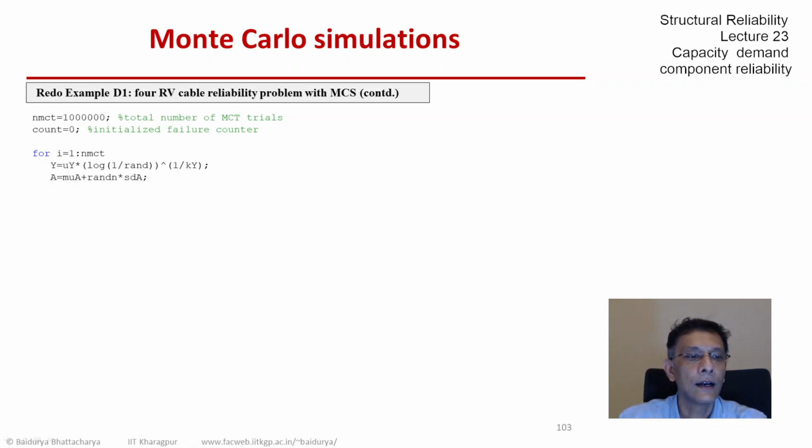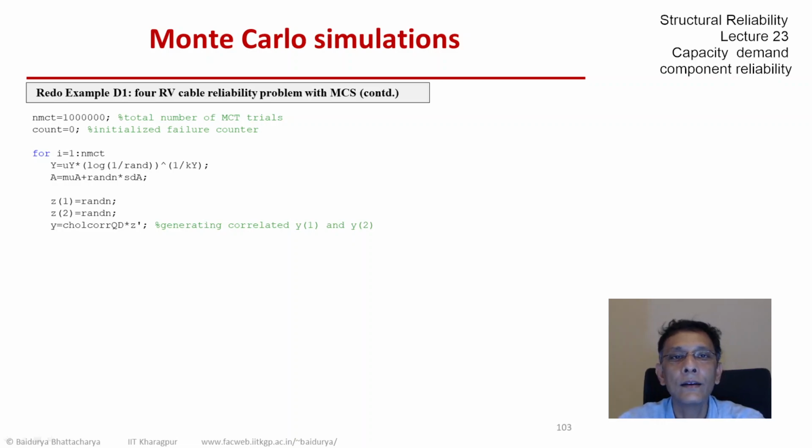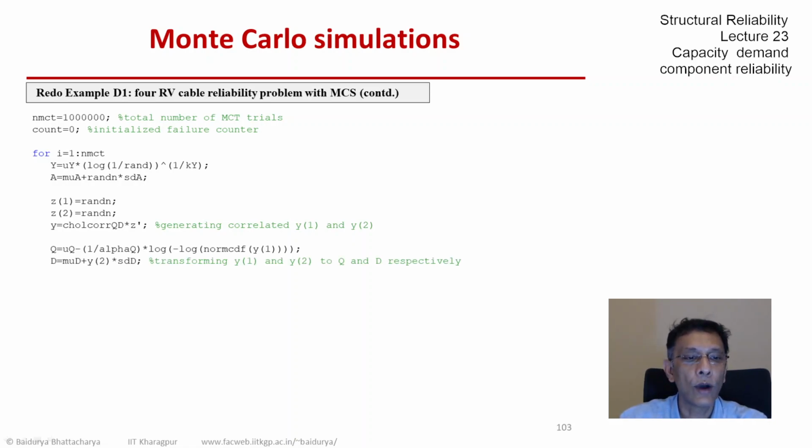And then for q and d we generate two independent standard normals, z1 and z2, and then we linearly combine them to get y using the lower Cholesky factor. And then once we have y1 and y2, we individually invert them to get q and d. So q comes from y1 and d comes from y2 using the full distribution transformation.